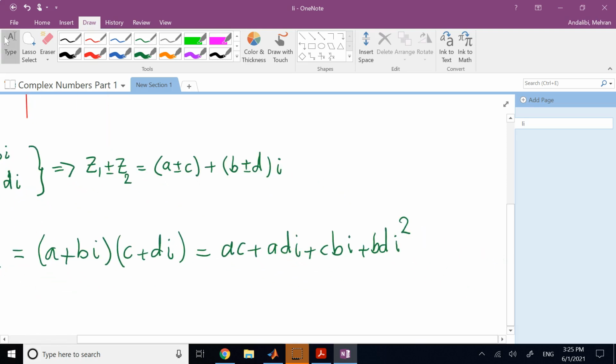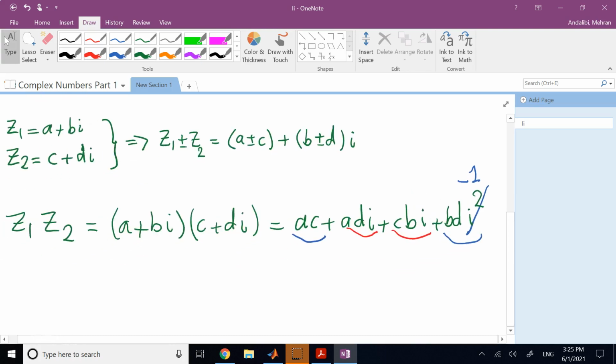And now you use the definition that i squared is equal to negative 1. So this term now becomes real. It's negative bd. This term is real. That's positive ac. So these two terms in blue are real, and these two terms underlined with red have i in them, so they are imaginary.